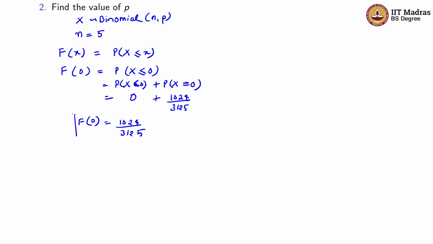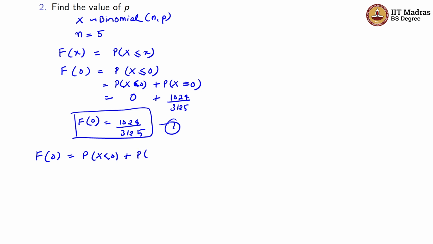Suppose this is our equation number 1. Now we can also write F(0) as the probability X is less than 0 plus the probability X is equal to 0. This value is 0, and here we can use the PMF of the binomial distribution. So it will be nC0 p to the power 0 times (1 minus p) to the power n minus 0, so it will be (1 minus p) to the power n. Here n is given as 5.